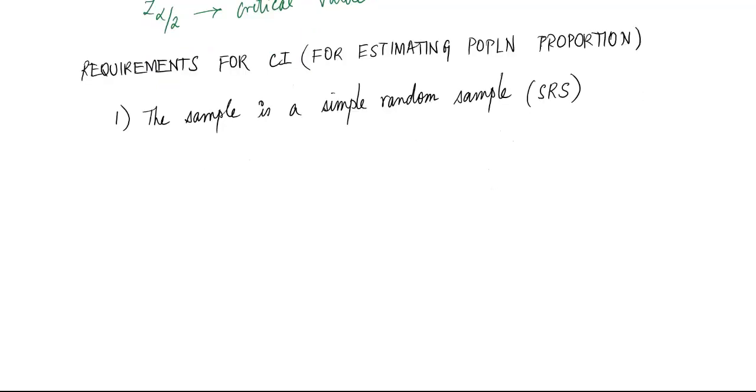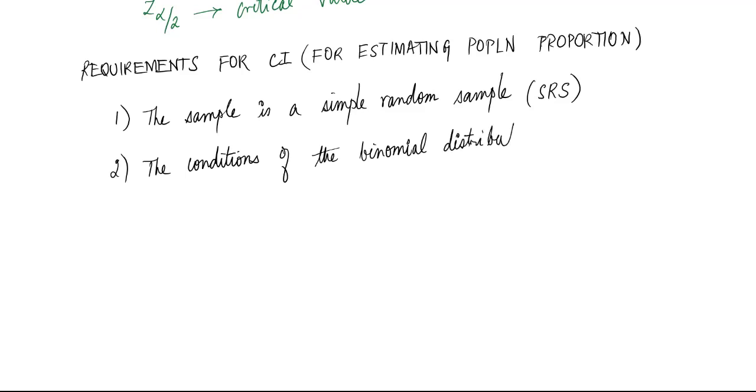Okay. So every, there was an equally likely chance for every member to be selected into the sample, right? Two, the conditions of the binomial distribution are satisfied.